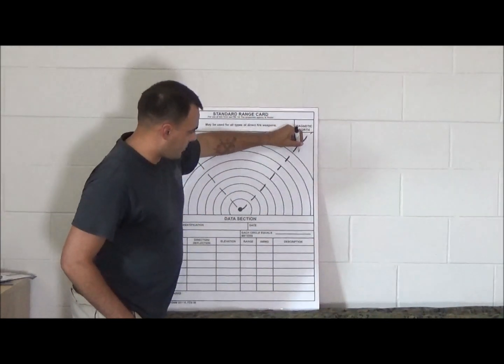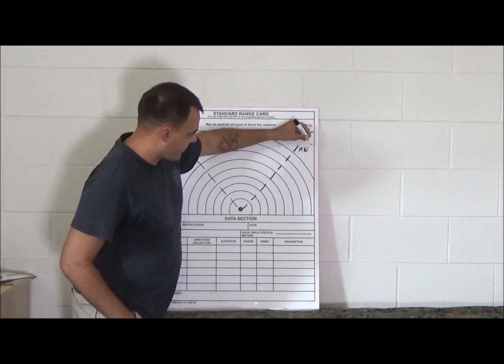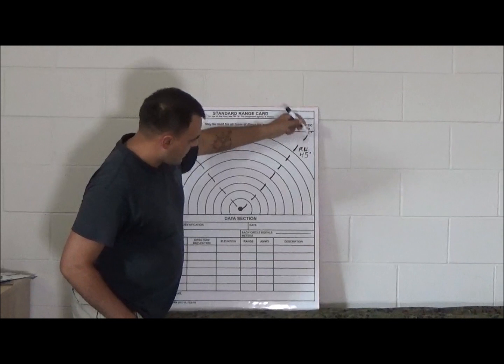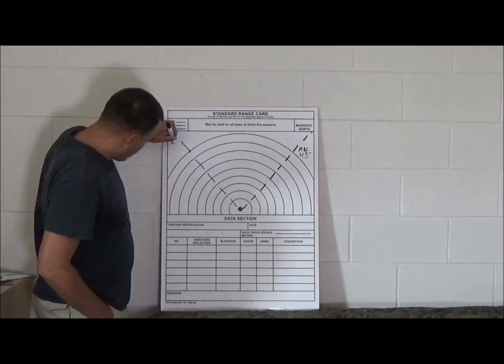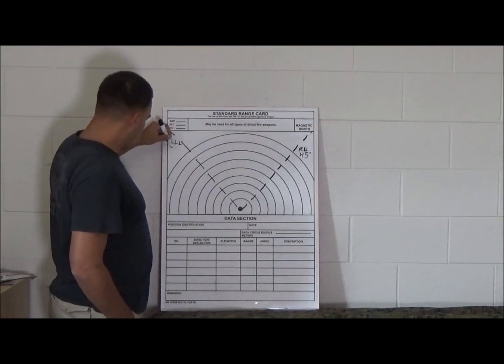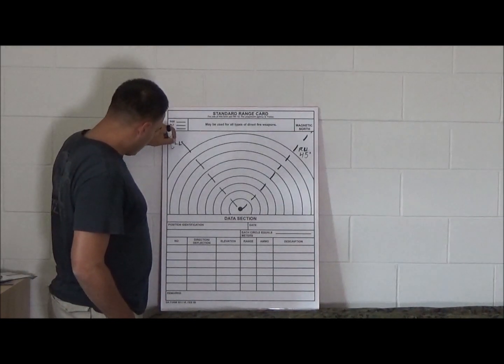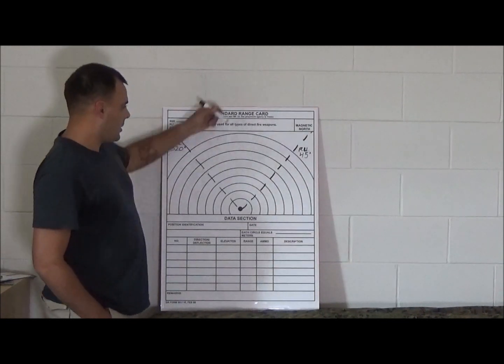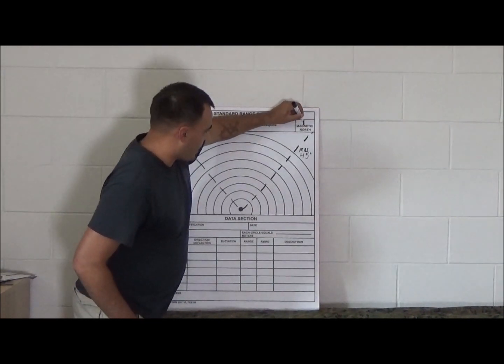So we'll say this is my right lateral limit. We'll say it's 45 degrees. This is my left lateral limit. And we'll say it's 320 degrees. Alright, we'll say direct north is exactly the way I'm facing.